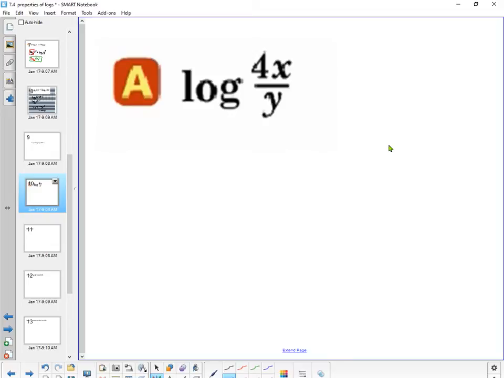Think about it a little bit. You think you want to get log 2?